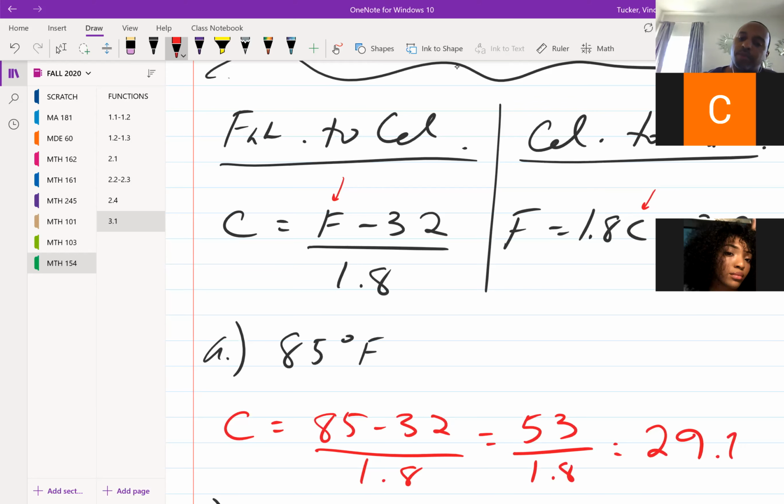And that's 29.4 degrees, and that would be Celsius.